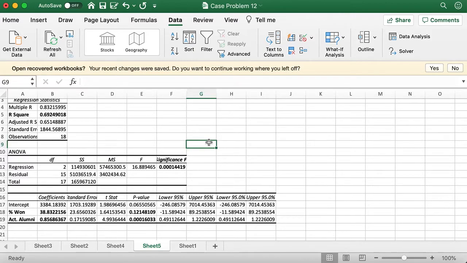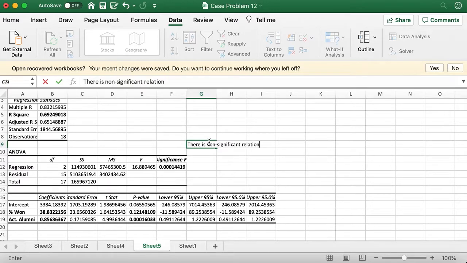It's really important to understand. So here there is a non-significant relationship between the percentage of games won and the sales for a given season.